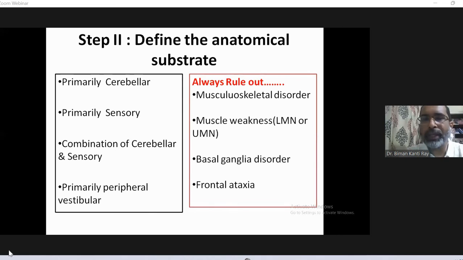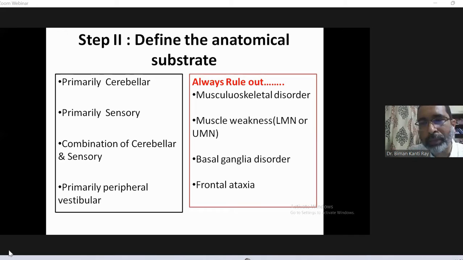So at the very beginning, you ask this question: cerebellar, sensory, a combination of cerebellar and sensory, or primary peripheral vestibular. But before you establish the anatomical substrate in any of these four categories, you always rule out whether there is any musculoskeletal problem. If they have some musculoskeletal problem, they may present like ataxia. Whether the patient has any history of weakness, upper motor or lower motor.